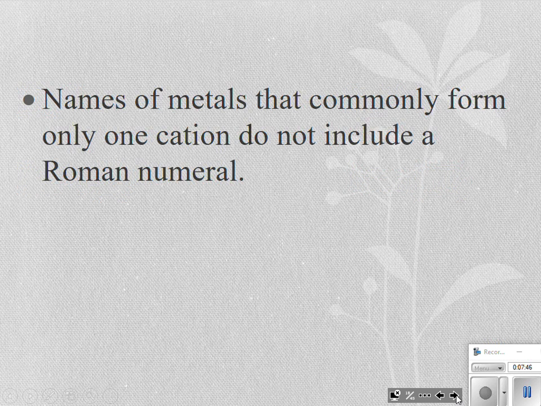Now, the names of metals that commonly form only one cation do not need Roman numerals. So, if they only form one cation, we don't use a Roman numeral. If you do use a Roman numeral, it is not correct.